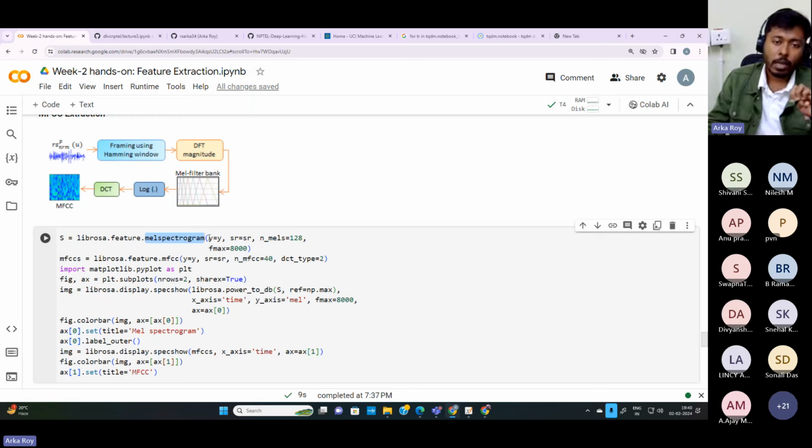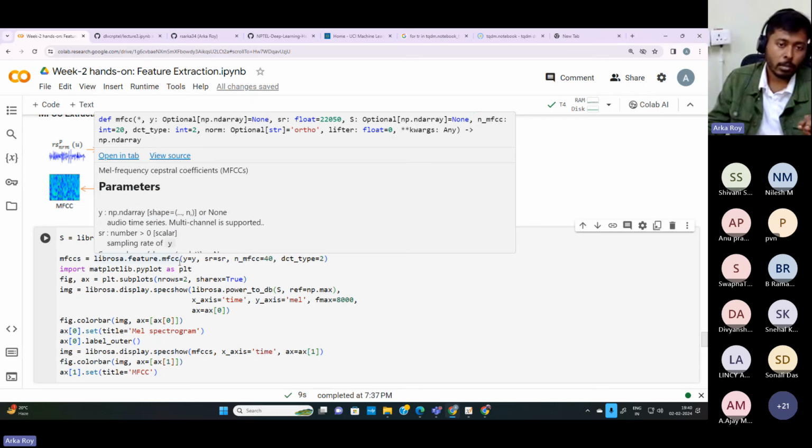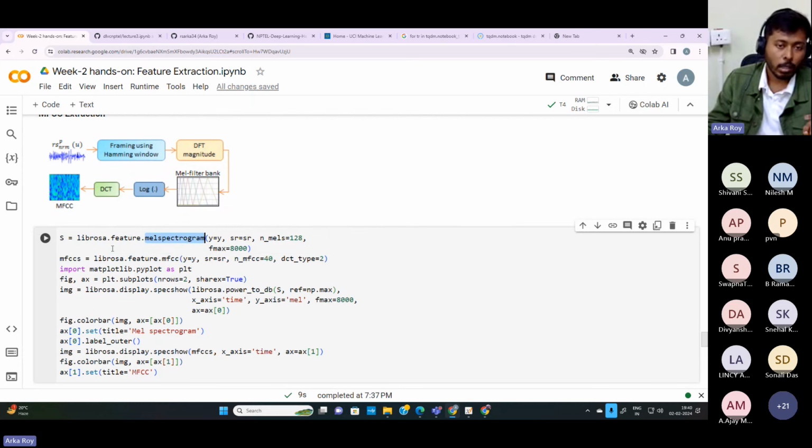For that, the function is already available. For MFCC also a function is available, and for the mel spectrogram also a function is available. You just call the function and put in the corresponding arguments. The first argument is the signal, whatever audio signal you want to extract features from. So you need to put the signal. Then what is the sampling rate?